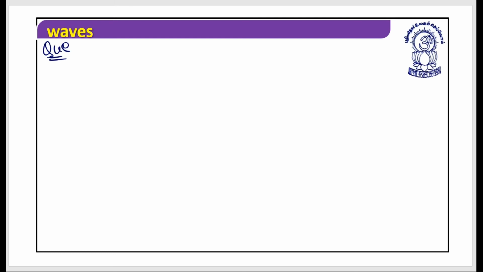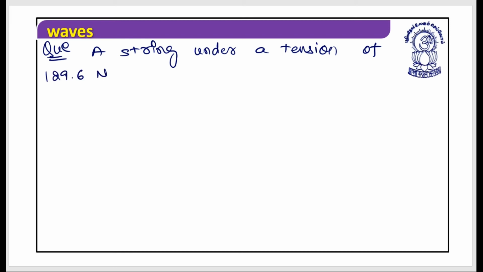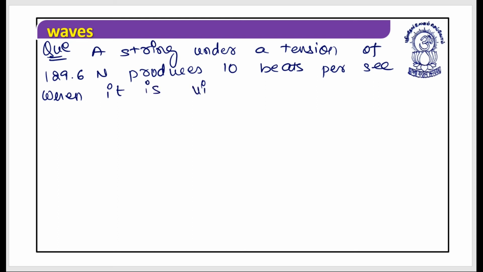This question says that a string under a tension of 129.6 Newton produces 10 beats per second when it is vibrated along with a tuning fork.